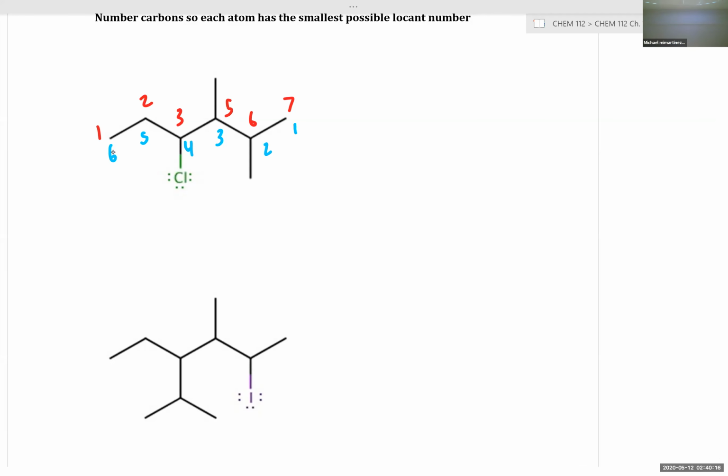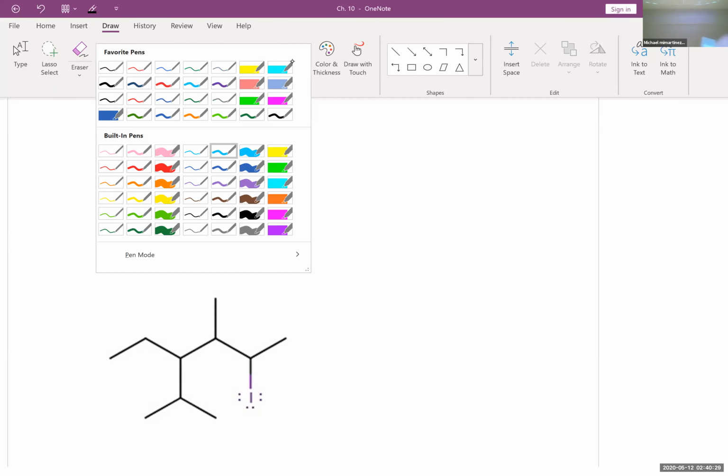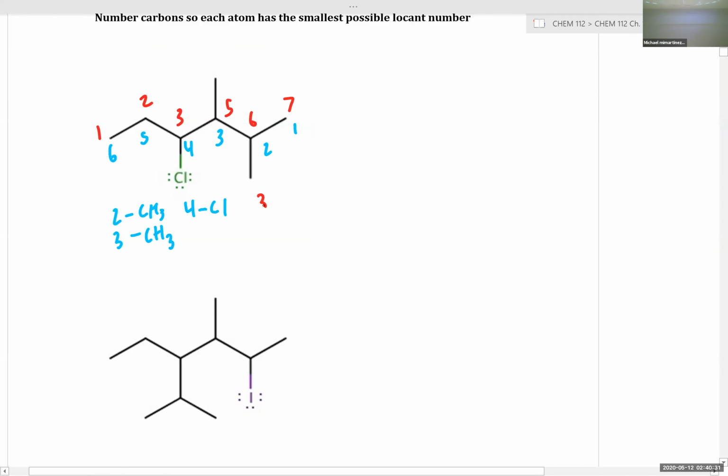If we compare our numbering conventions, using the numbering method in blue, we have a methyl at positions 2 and 3 and a chloro at position 4. Using the numbering method in red, we have a chloro at position 3, a methyl at position 4, and a methyl at position 5.